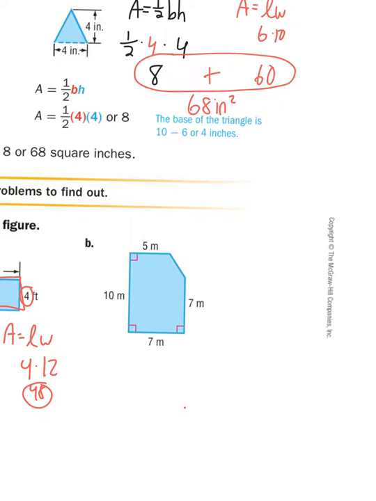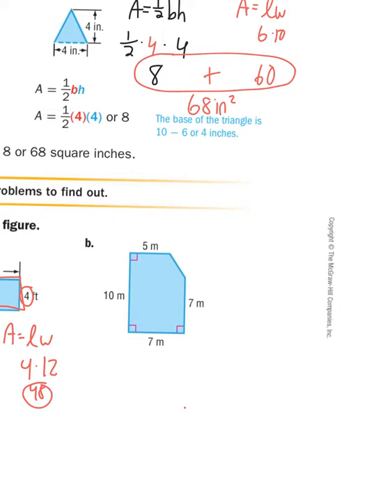So you can find the area of that rectangle. And then you can find the area of this missing triangle and subtract that missing triangle from the rectangle's area. Now, if you don't know what I'm talking about, don't do that, but that's kind of an advanced way to do it. All right, so I want you to see if you can find the area for B. Pause the video, start it when you're done, and we'll see what you get.